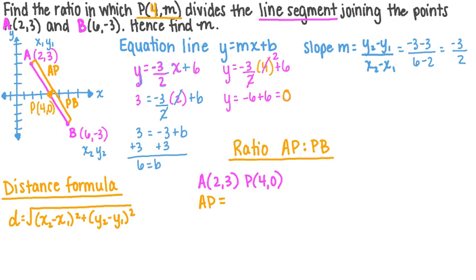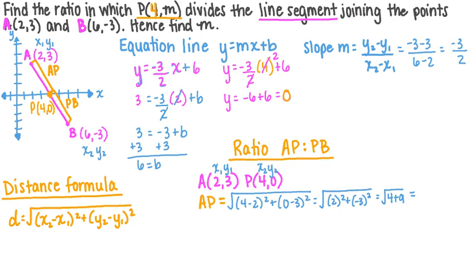So to find the distance between A and P, A can be (x1, y1), and P can be (x2, y2). So we have the square root of (4 minus 2) squared plus (0 minus 3) squared. So we need to square 2 and square -3. 2 squared is 4, and -3 squared is positive 9, and 4 plus 9 is 13. So the distance from A to P is equal to the square root of 13.